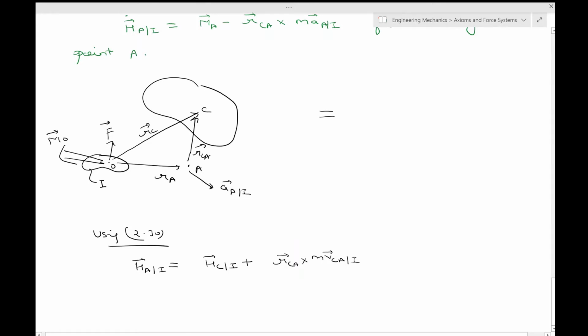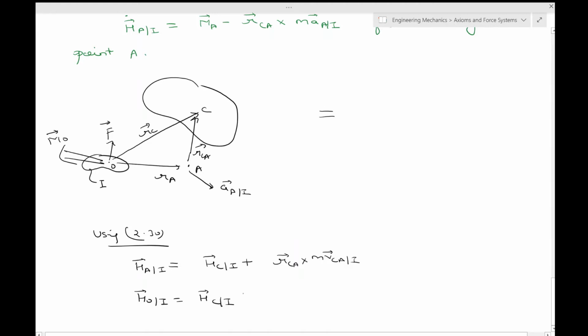Since it can be written for A, it can also be written for O. Since A is an arbitrary point, why not O then?